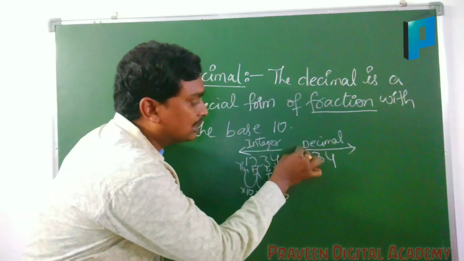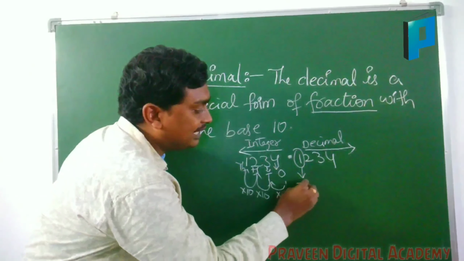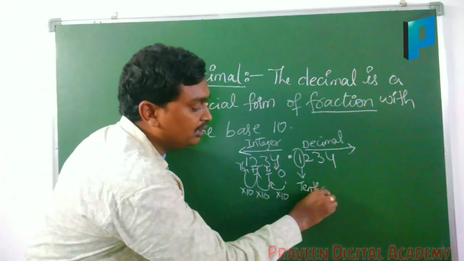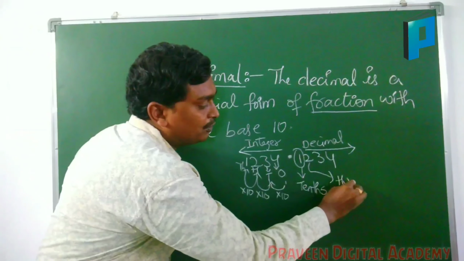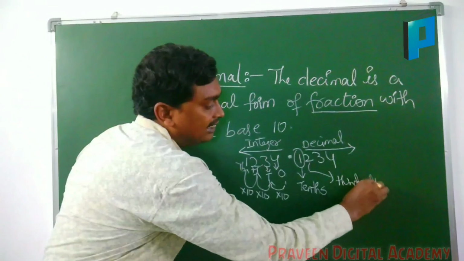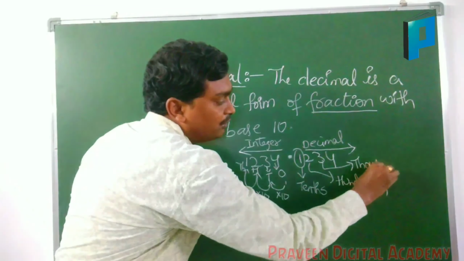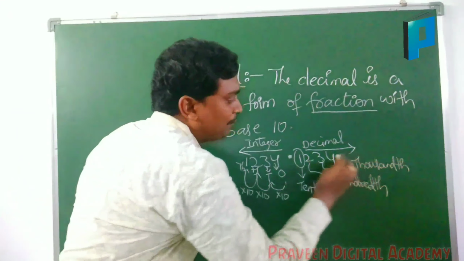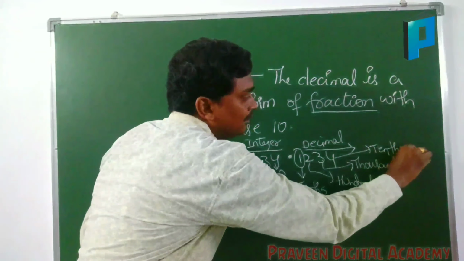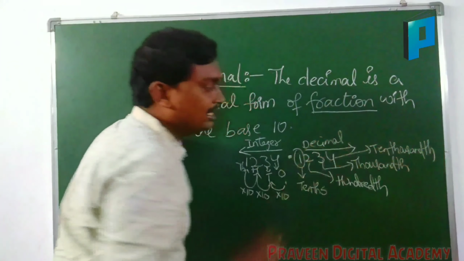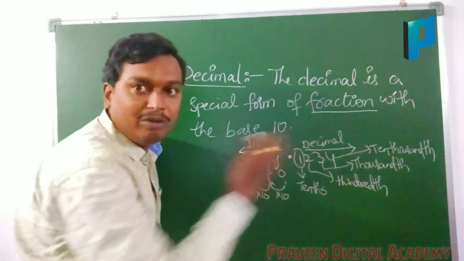Here the first position after the decimal is called the tenths position, the second is the hundredths position, the third is called the thousandths position, and the next one is the ten-thousandths position. In the same way, on the integer side you will have lakh, 10 lakh, crore, 10 crore, like that.